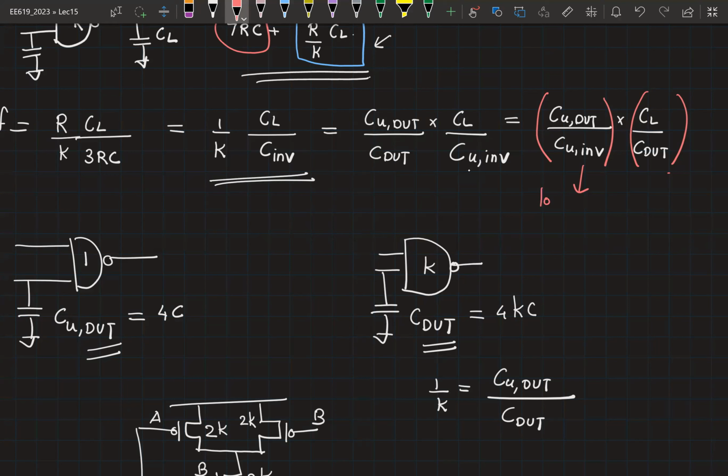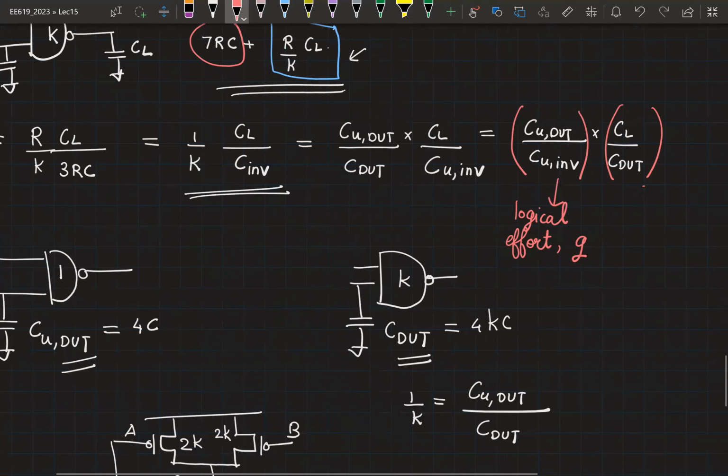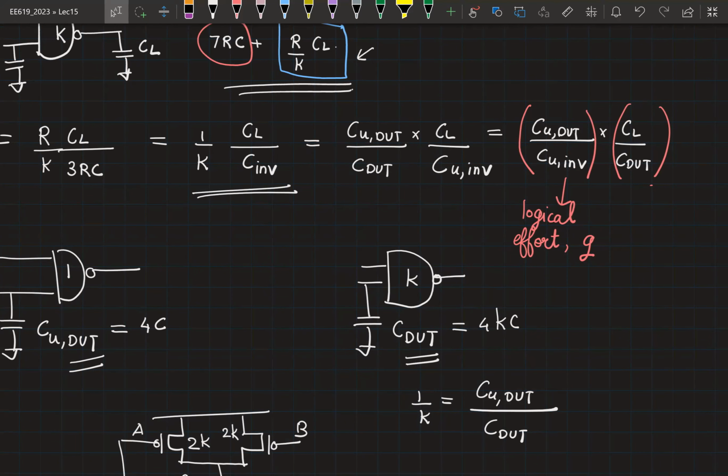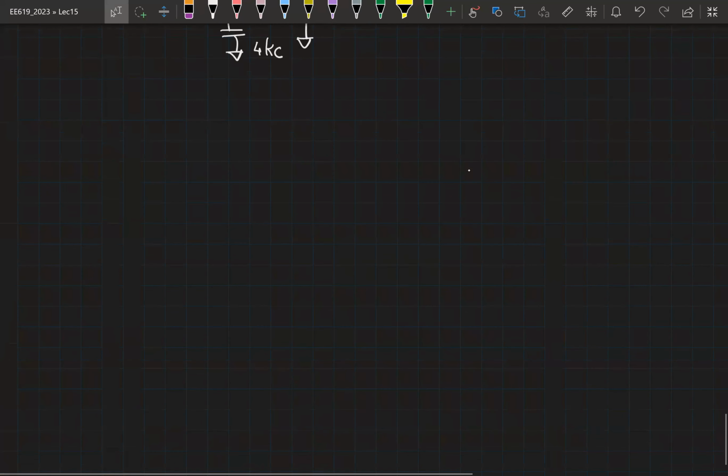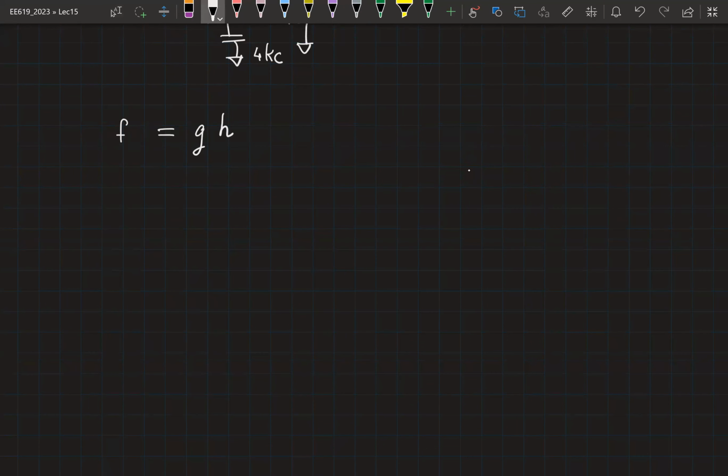And this is called the logical effort, represented using G. And the second term, which is a function of the load capacitance and the input capacitance of the given gate, which has been upsized, etc. This is called the electrical effort, represented using H. So now the stage effort F is equal to G into H, where G is the logical effort and H is the electrical effort.